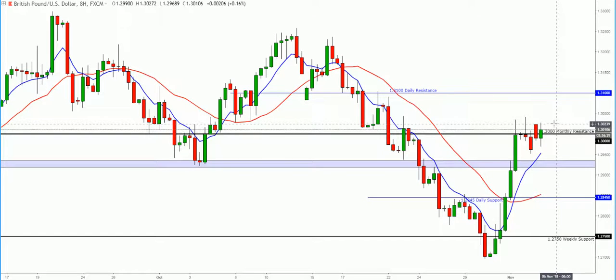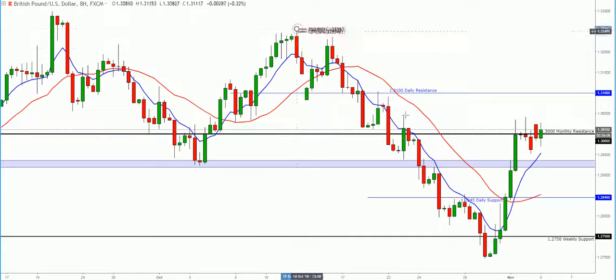So until we do break comfortably above this region, I won't want to be accepting the long scenario, and we'll still be looking at pulling back down towards this 1.2925. We will have to see how price responds around this exponential moving average, as it could support price.